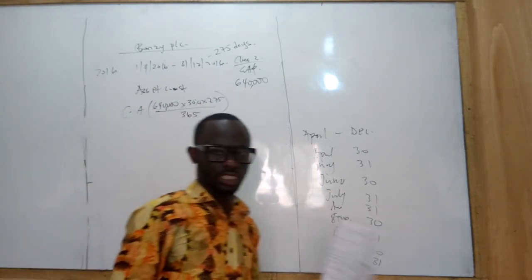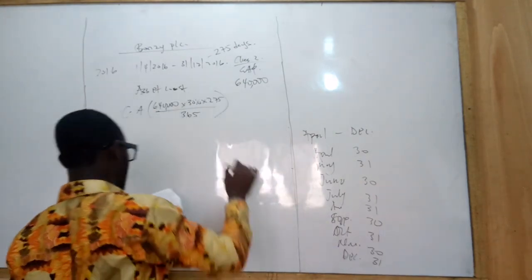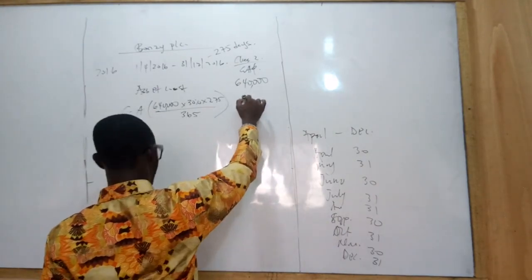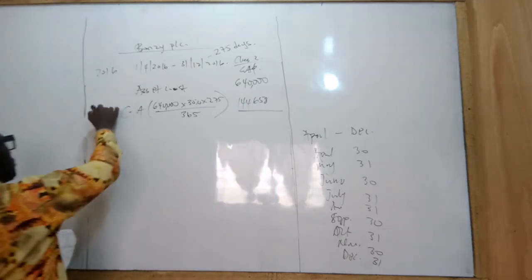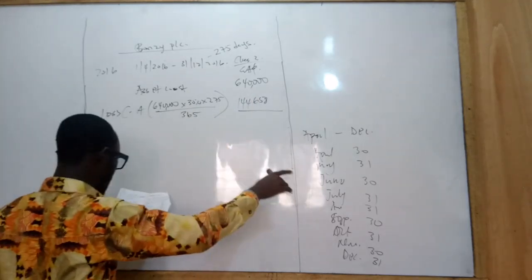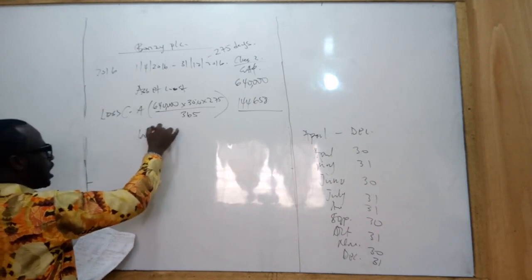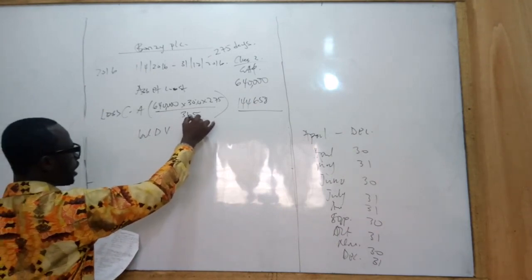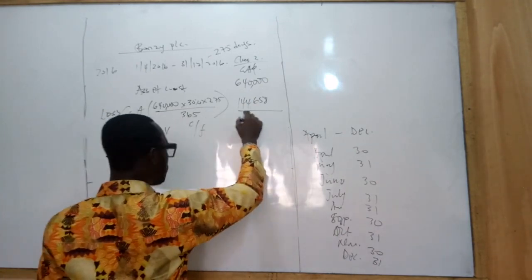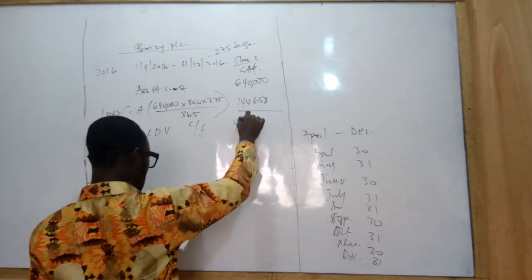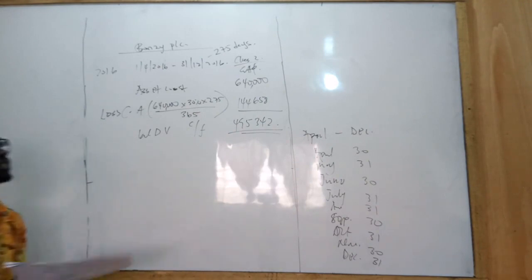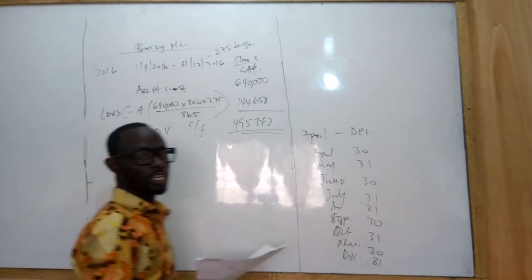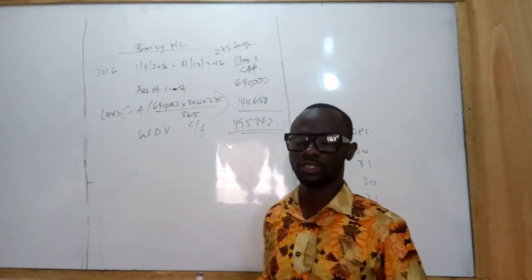Sounds good? Yes, that's how we go about it. And that will give us 144,658. So we less the capital allowance, and that will give us the written down value carry forward of 495,342. So that is the capital allowance for 2016 year of assessment.